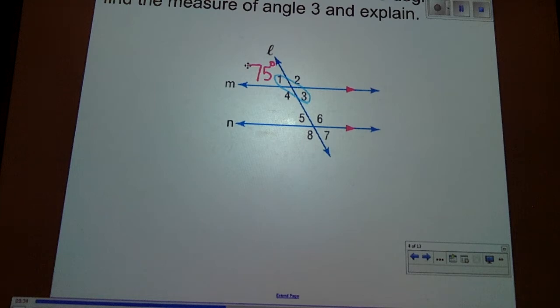They're going to have the same measure. So you could fill this in on your note packet. The measure of angle 3 is going to be 75 degrees because angles 1 and 3 are vertical angles, and that means they have the same measure.